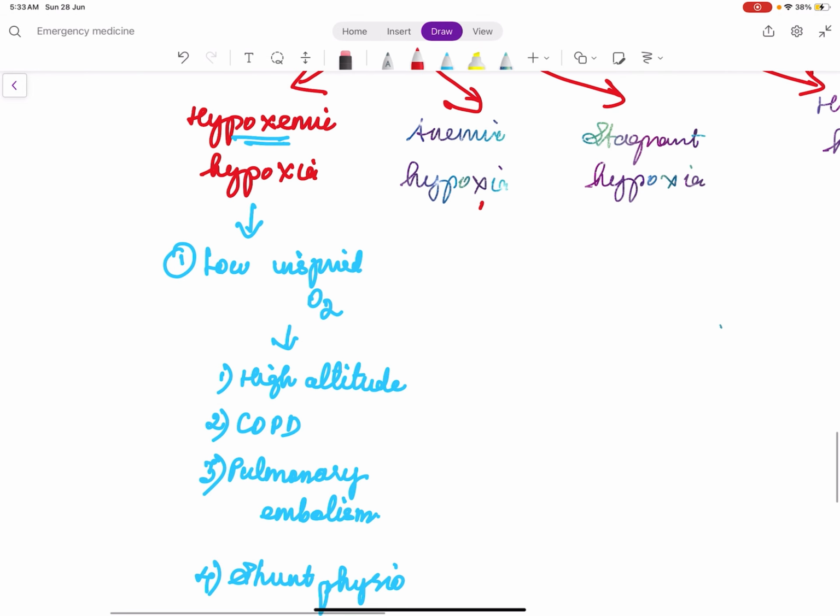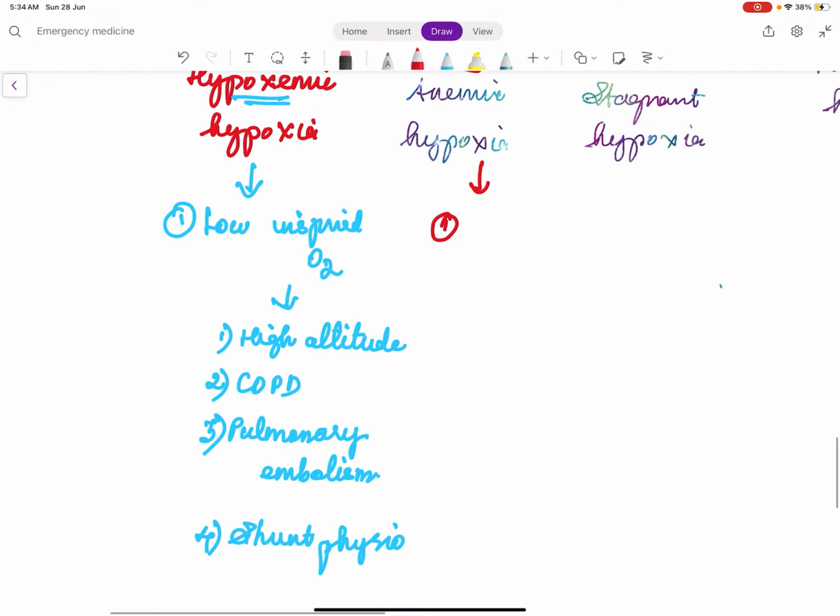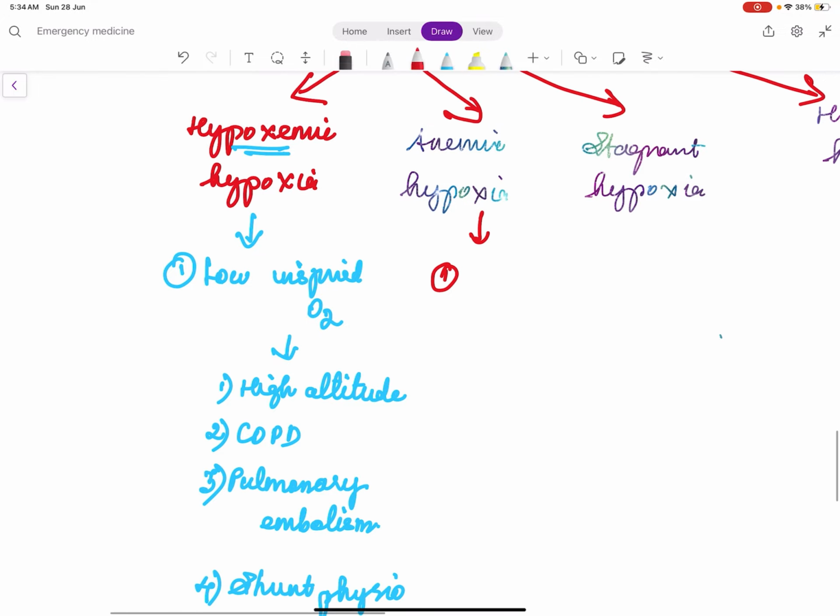So anemic hypoxia. I already told you, oxygen transport in blood is mainly by two mechanisms. The main mechanism is through hemoglobin. The other mechanism is by dissolved oxygen. So in the causes we discussed, there is low oxygen in the alveolus, so the dissolved oxygen is low. The second scenario is anemic hypoxia. The inspired oxygen is normal.